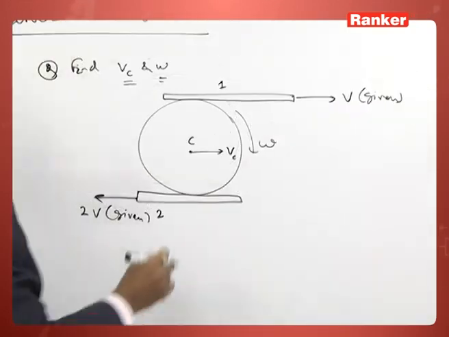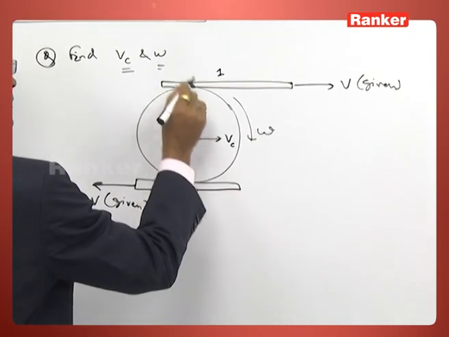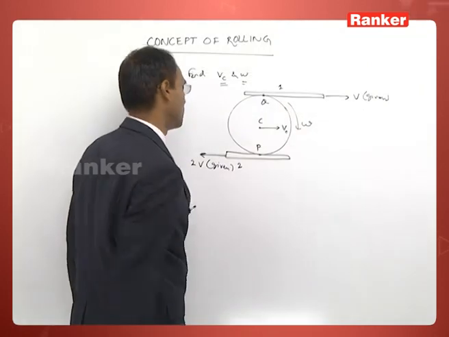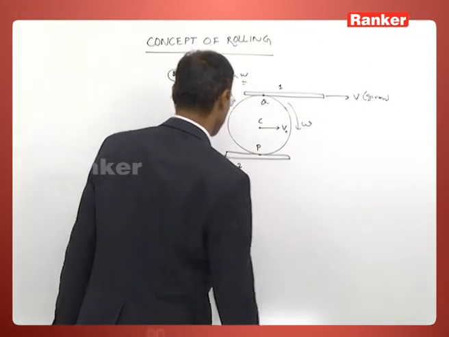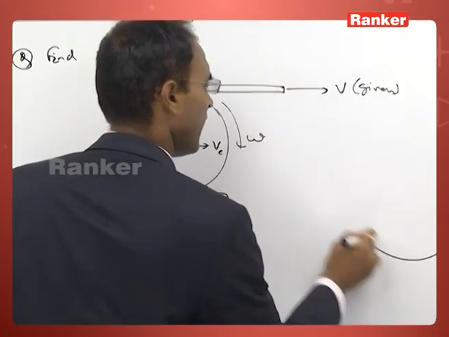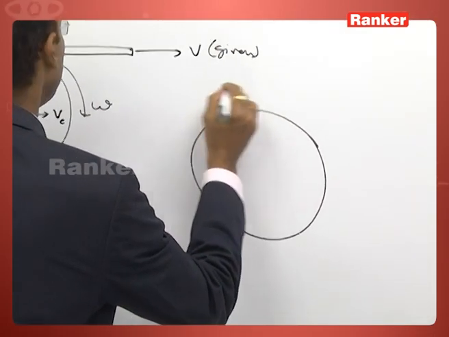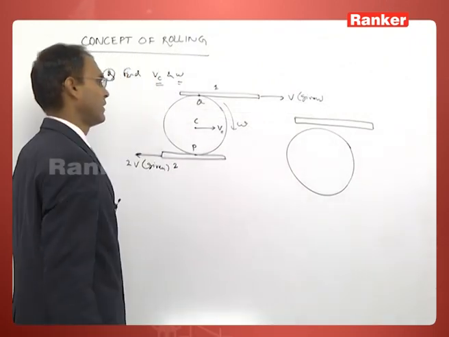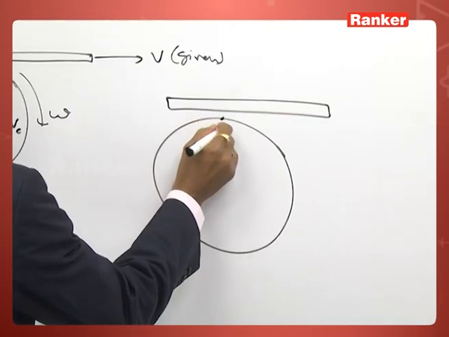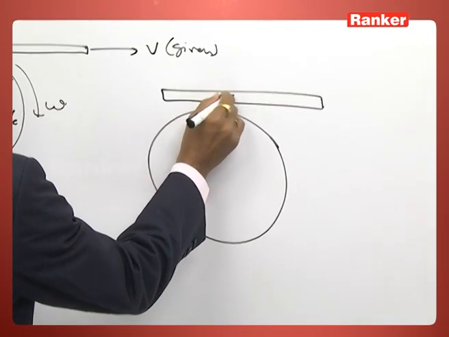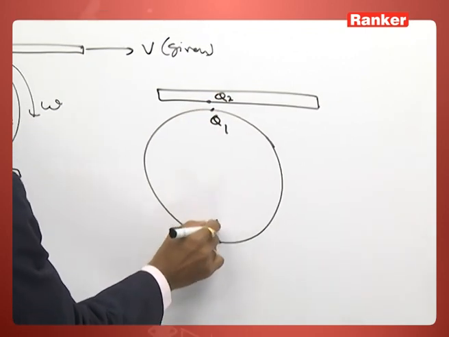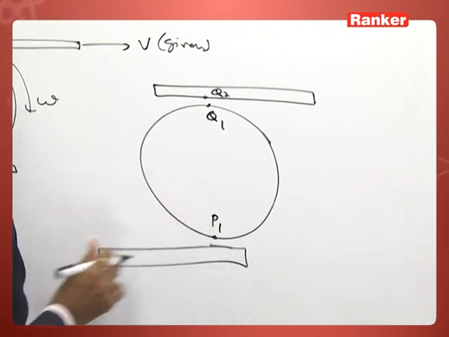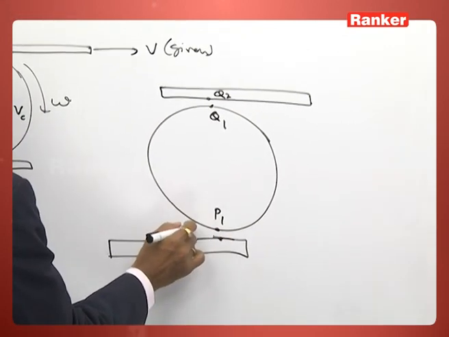Now we have 2 points P and Q. You draw the diagram separately. At this point is Q1, at this point is Q2 suppose. This point is P1 and this point is P2.